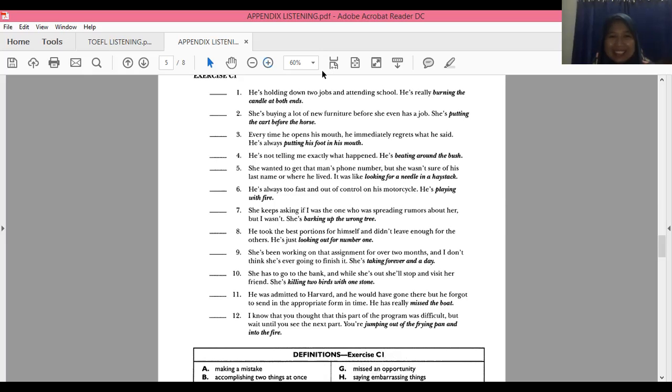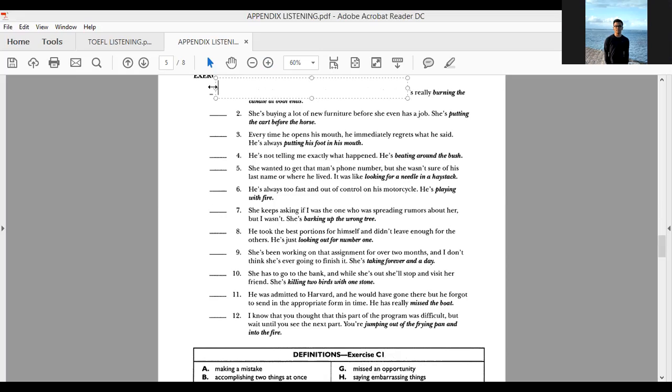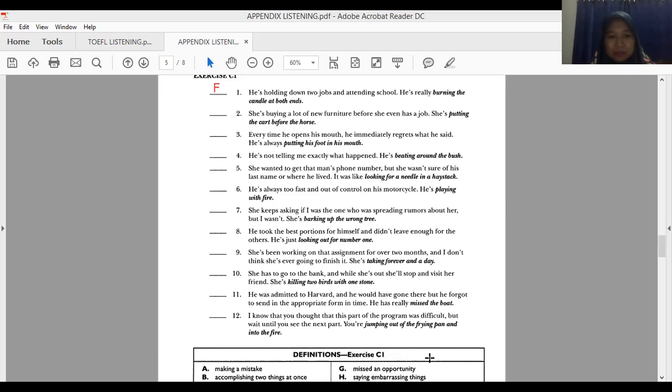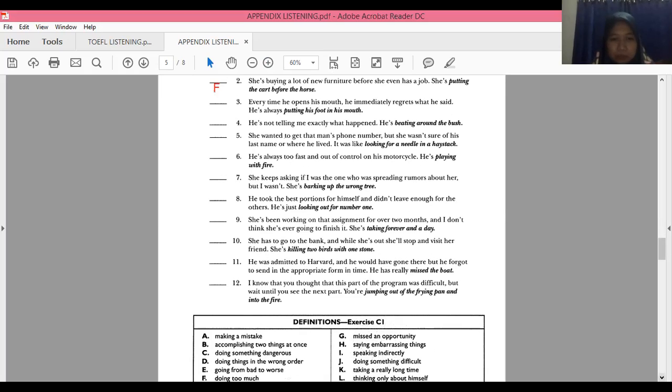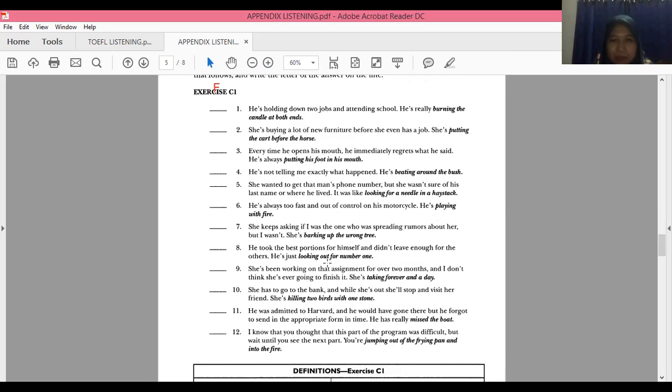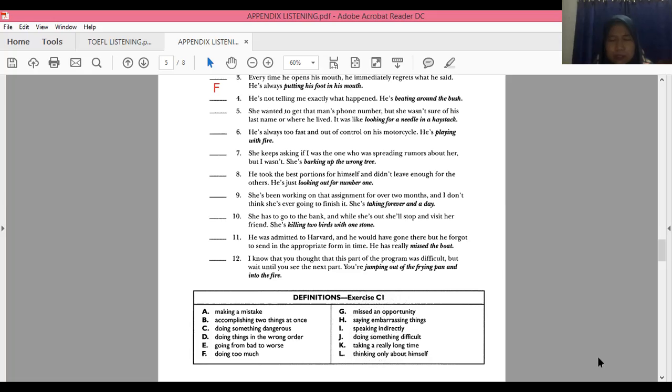Tadi we are discussing number 2. Oh, I'm sorry, miss. Probably Davo. Bravo. Accomplishing two things at once? No, unfortunately no. Ada yang lain maybe. Selain Bravo. She is putting the cart before the horse. Menaruh, what is it?